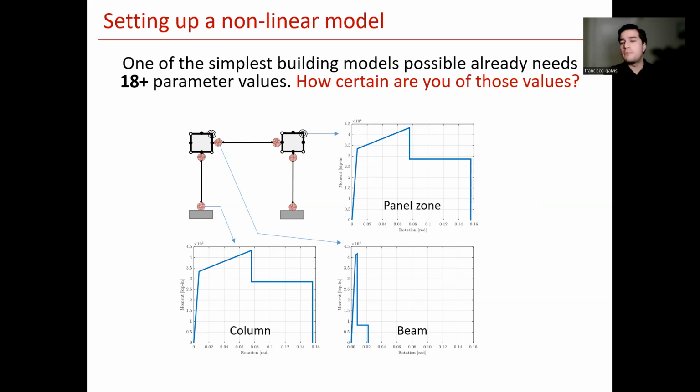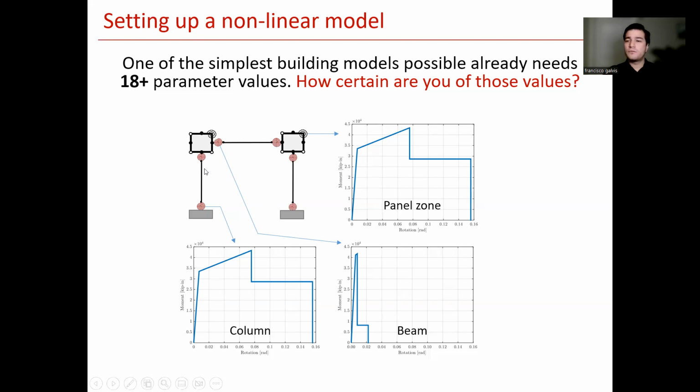For example, here is perhaps the simplest structure that you can think about: a portal frame, 1 bay, 1 story. If you want to do a concentrated plasticity model of this structure using just 1 type of beam and 1 type of column, you will have 3 types of nonlinear springs.